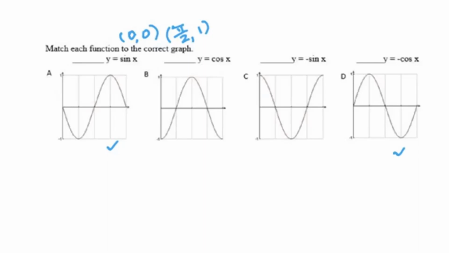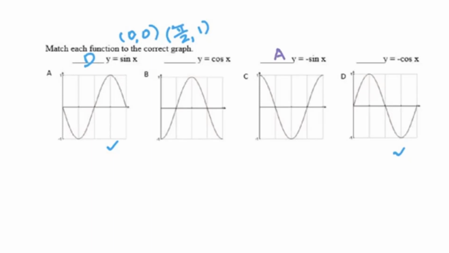That's definitely D. For y equals negative sine x, it will be reflected across the x-axis from y equals sine of x. Therefore, that will be A.